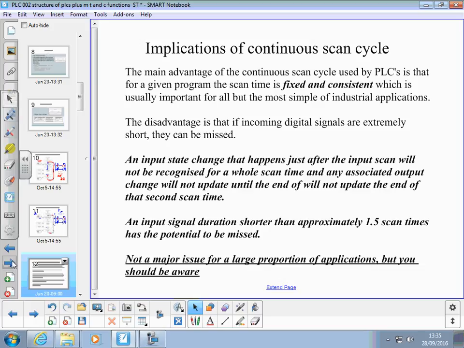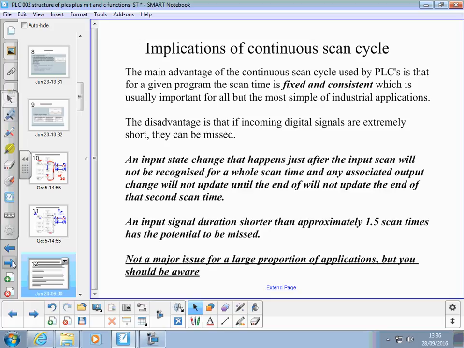So there's a page that kind of summarizes what I've just said. Main advantage of continuous scan is that the program scan time is fixed and consistent. However, an input change that happens just after the input scan will not be recognized for a whole scan time, and the associated output change could be almost 2 scan times.